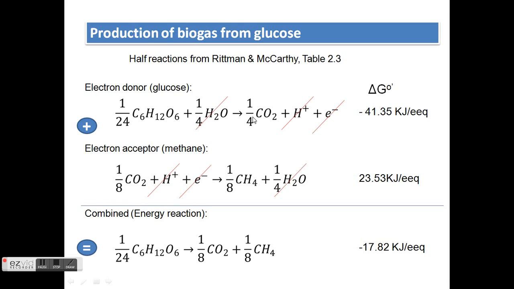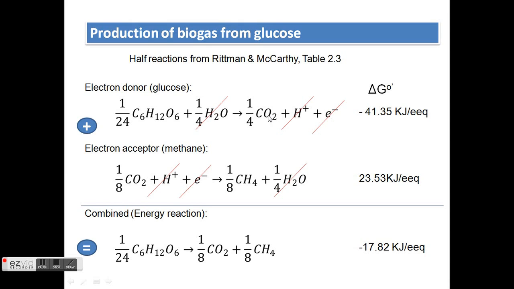These are half reactions. By now you're getting familiar with the concept of half reactions. We have a half reaction for glucose and a half reaction for methane. Notice that when you take values from table 2.3 and interchange the products and reactants, your free energy sign changes too.